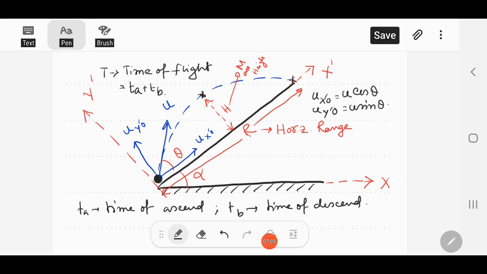The maximum height from this x dashed axis is capital H, and the distance between the initial and final point is the horizontal range. The total time taken is the time of flight, which is the sum of the time of ascent and the time of descent. Time of ascent means the time to reach the maximum height, and time of descent means the rest of the time after that.